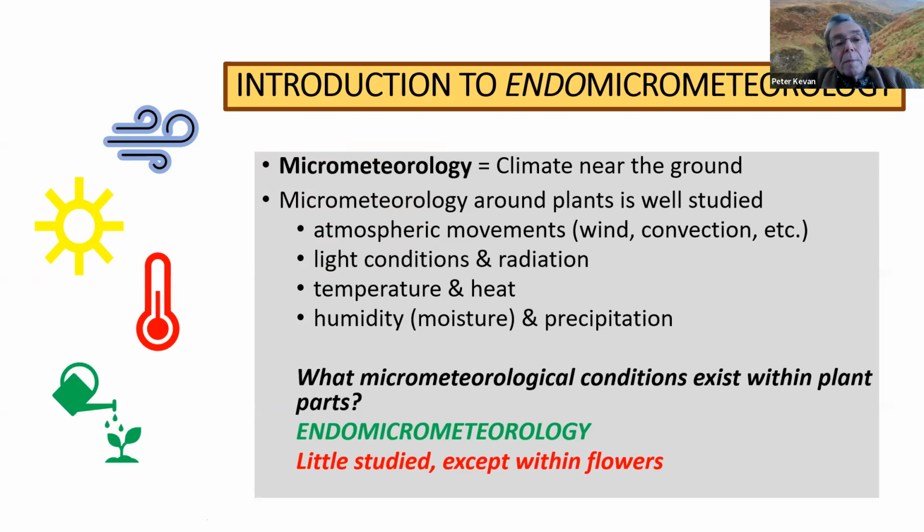We know a lot about the micrometeorology around plants, so atmospheric movement, wind and convection, etc. We know light conditions are important to consider. Temperature and heat, of course, are very important aspects in agricultural climatology and crop production, as is humidity and precipitation.